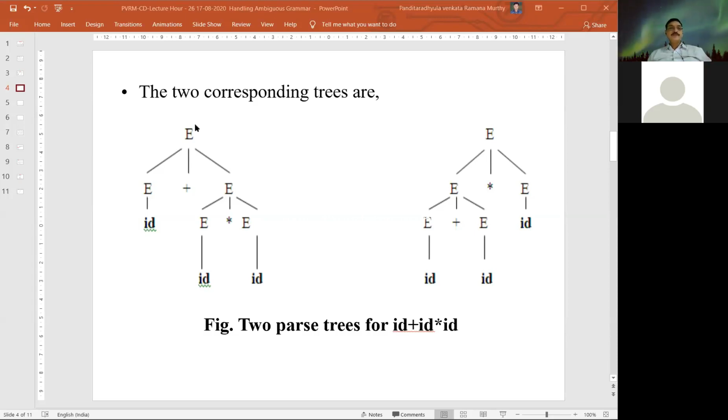Whenever we identify this tree, the parse tree, the nodes at the bottommost will finish their operation first, like a recursion operation. In recursion, we do the bottommost, innermost operations first.